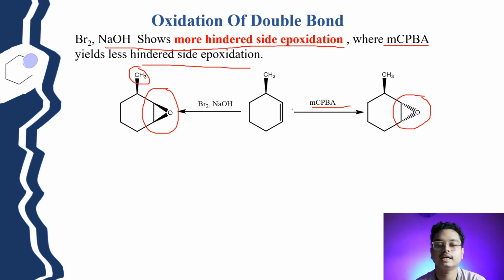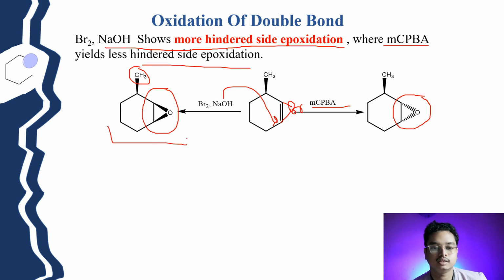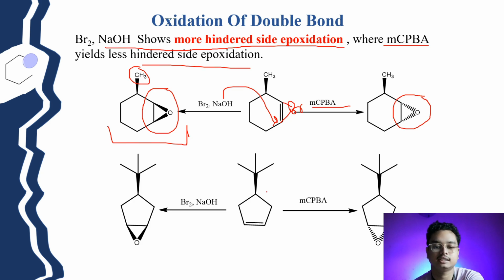This is because initially bromine is attached on the less hindered side, but since an SN2 type of reaction is observed, the stereochemistry gets reversed, and for that reason this product becomes the major product.